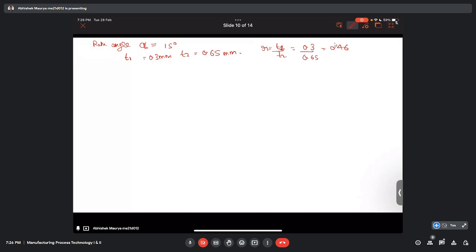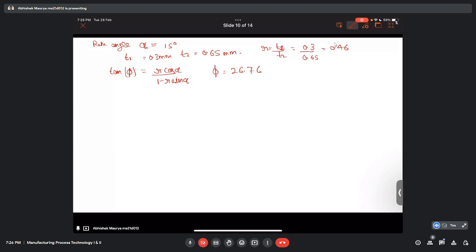And again, we can calculate the shear plane angle by this relationship. If we use this relationship and substitute the values, we will get phi equal to 26.76 degrees.